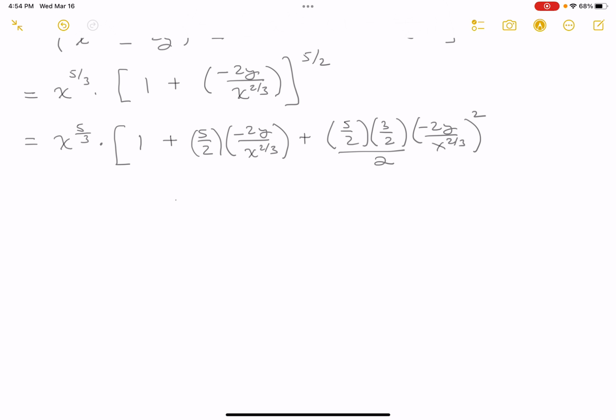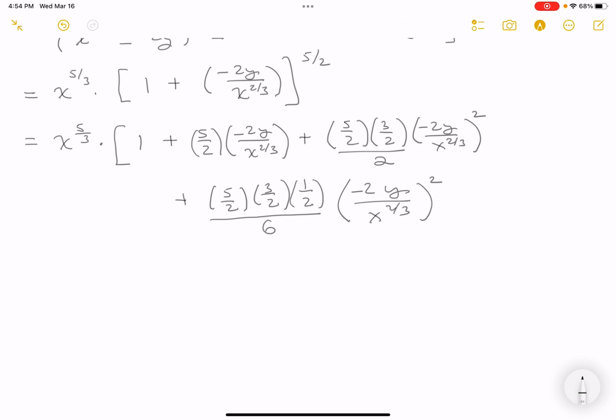At least 5 terms, right? Okay, let's take a look here. 5/2, 3/2. It's going down by 2, so 1/2. Because on the bottom, 3 factorial, which is 6. What do you get here? Minus 2y over x to the 2/3 squared.